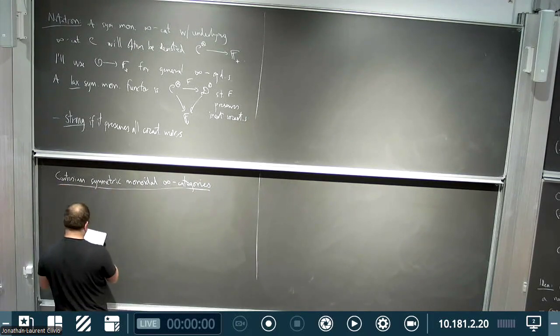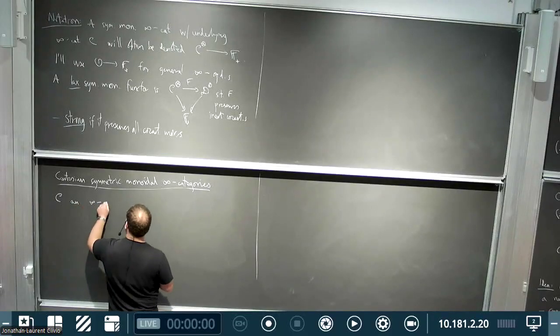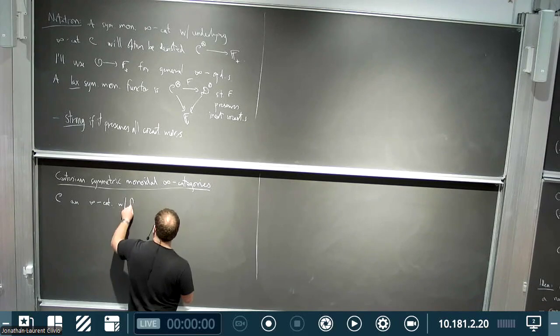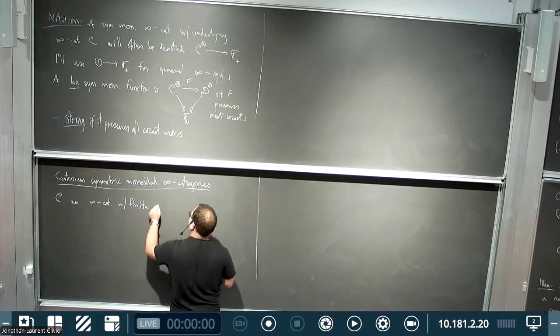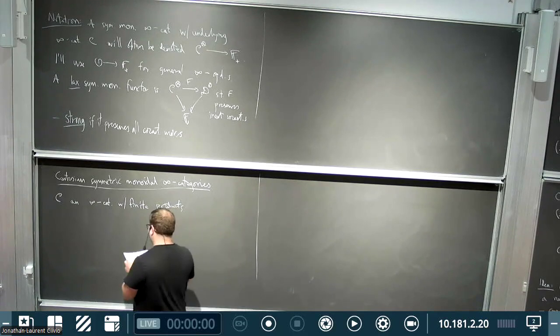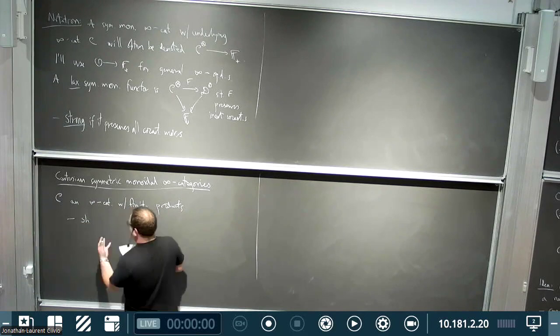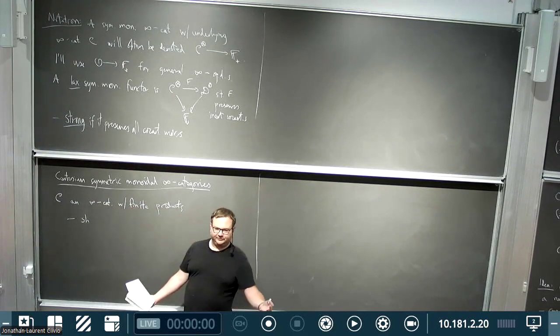Basically, the idea is that if C is an infinity category with finite products, then we should be able to turn the Cartesian product into a symmetric monoidal structure.